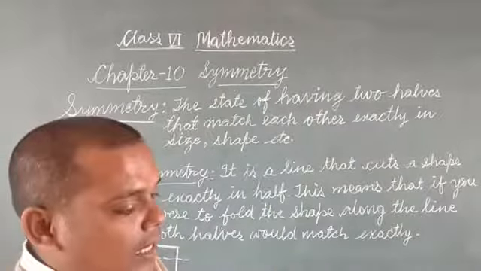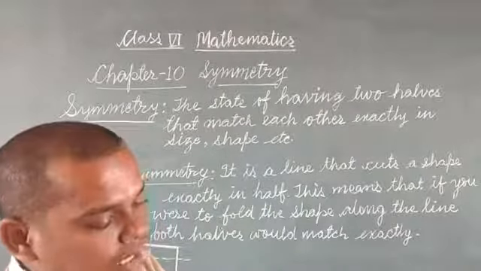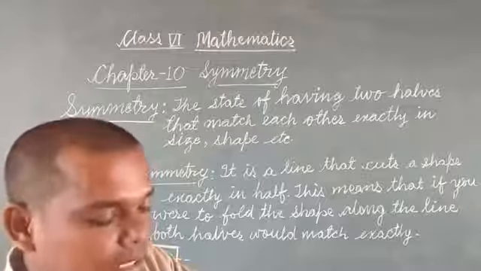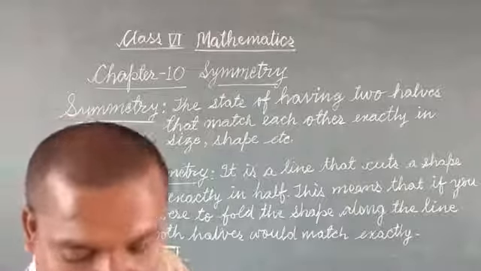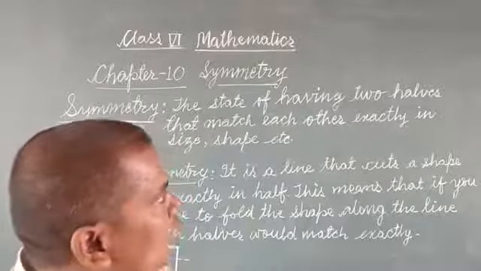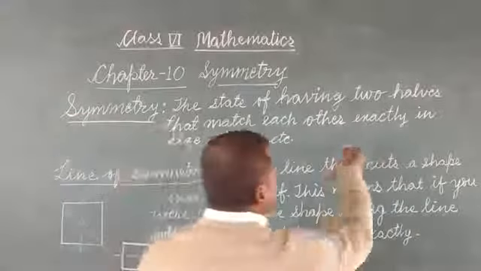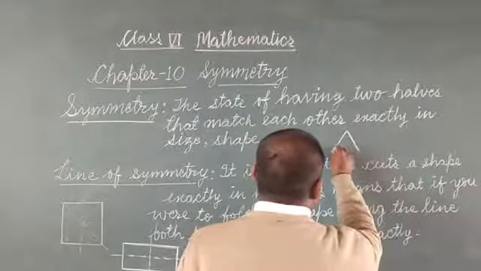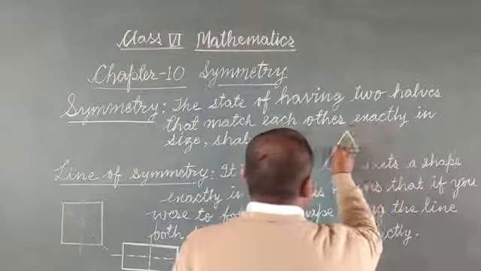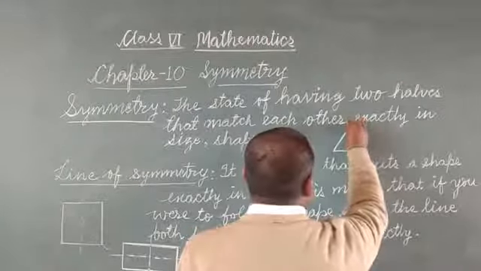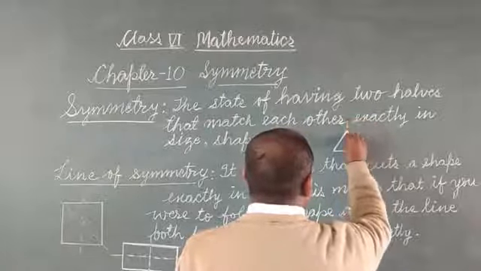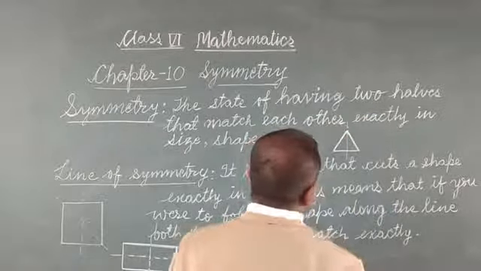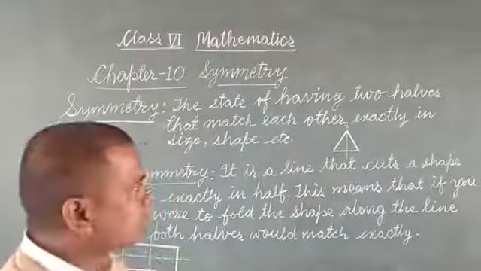But if I am going to fold around this side, there is no line of symmetry. Around this side, there is no line of symmetry. So in case of an isosceles triangle, look at here, it is the case of an isosceles triangle, there is 1 line of symmetry.